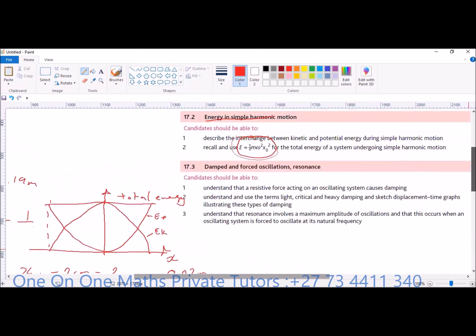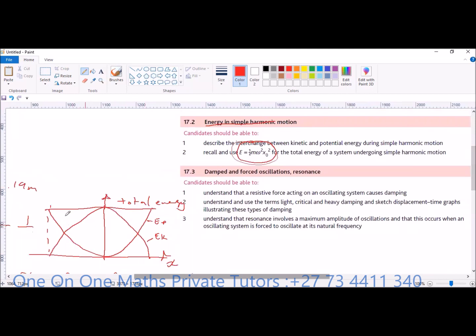You see the interplay between potential energy and kinetic energy of the system. When the displacement is maximum at x naught or at minus x naught, we have our potential energy being the maximum, which is also coincidentally the total energy of the system.